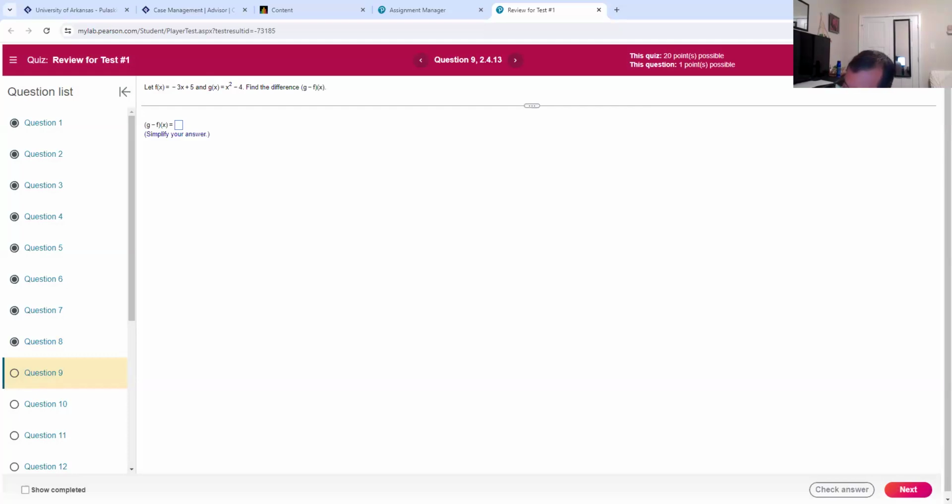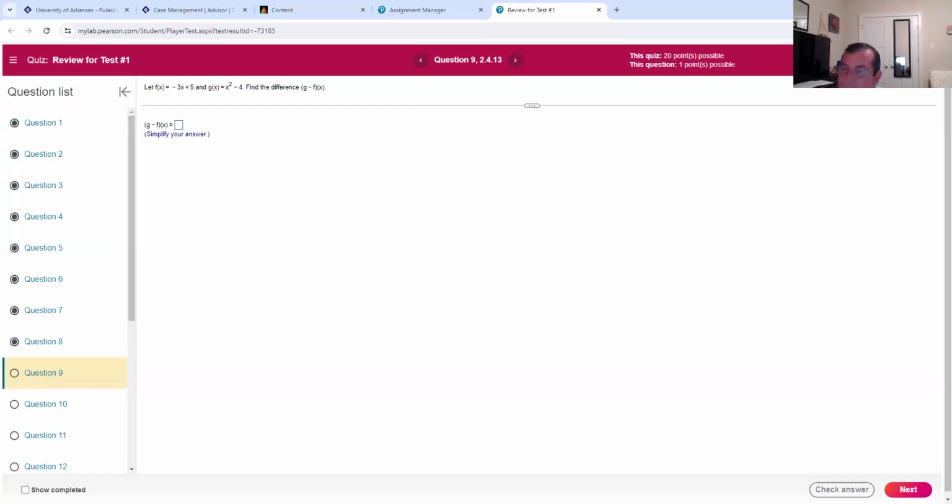All right, y'all, so let me write this. F of x on this one equals negative 3x plus 5. G of x equals x squared minus 4. We're going to find g minus f of x.